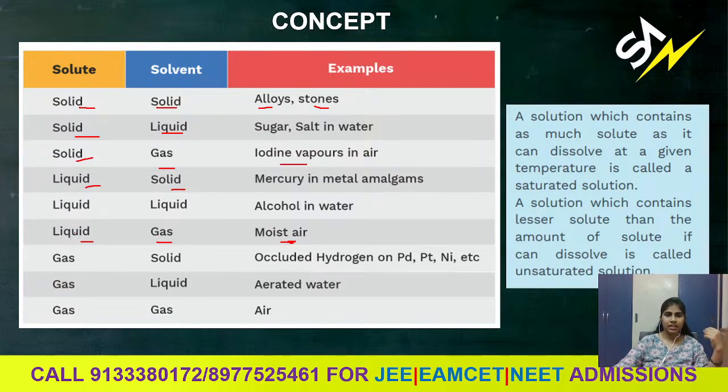Next, gas in solid like occluded hydrogen on palladium, platinum and nickel. This you can see in electrolysis. And gas in liquid like aerated water, you can see in soft drinks. And next, gas in gas, that is air. These are the few examples of solutions.